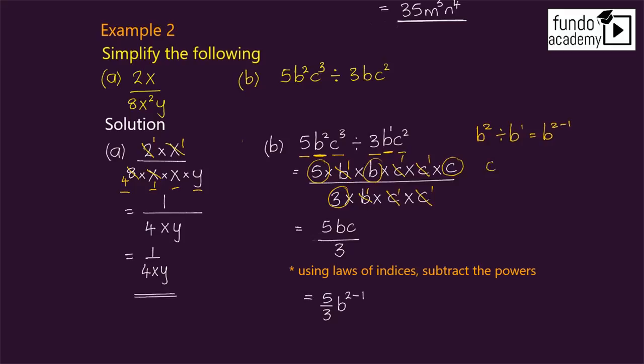C cubed divided by c squared gives us c to the power of 3 minus 2. So if we simplify this, we'll be getting 5 over 3 b to the power of 1 c to the power of 1. So that's the solution to part B, and I just hope you got that answer correct as well.